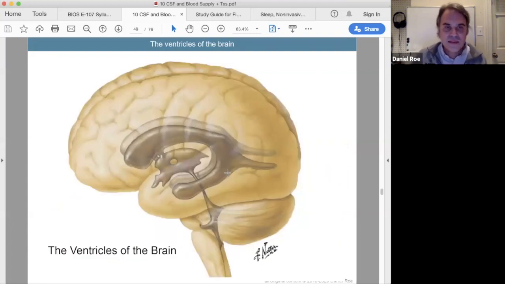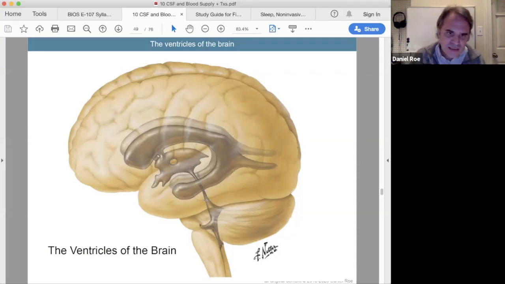So now let's talk about the ventricles of the brain. I like this Netter illustration. It's like a ghosted view of the ventricles of the brain. You can see the lateral ventricles, the intraventricular foramen here. Third ventricle is singular. It's a singular midline structure, one of few in the nervous system, in the brain. Most structures are bilateral. There are a few that are singular.